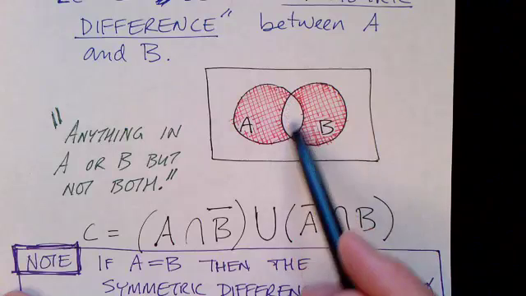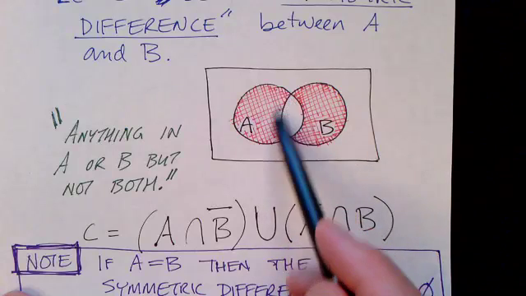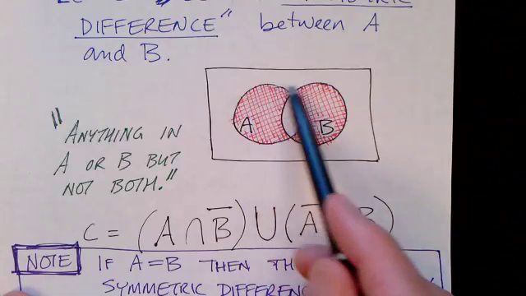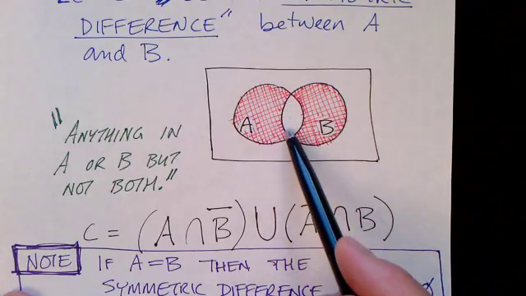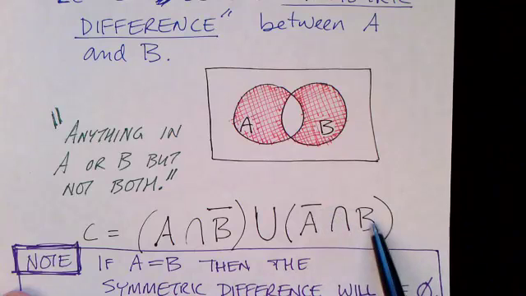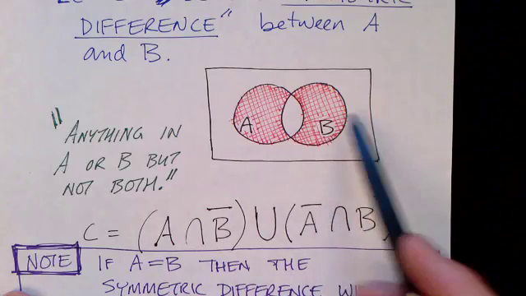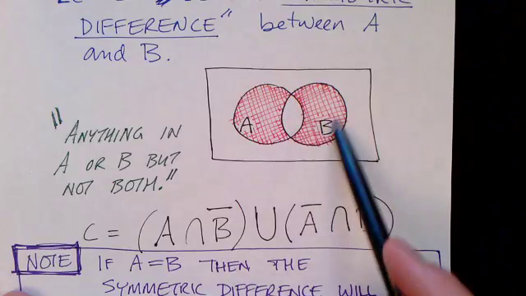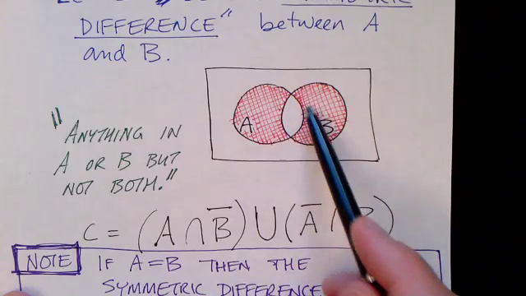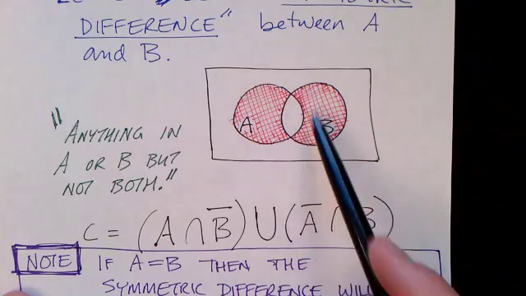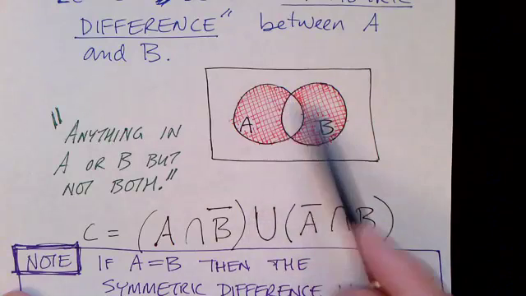We're removing the parts of B from A, and we get this little moon shape here. And then likewise, B intersected with not A is this moon over here. This is B, the part of B that's not included in A. And then when we union those, we get the symmetric difference.